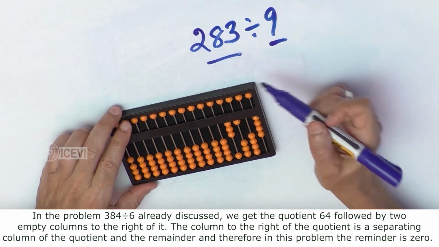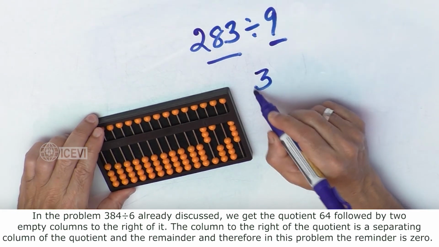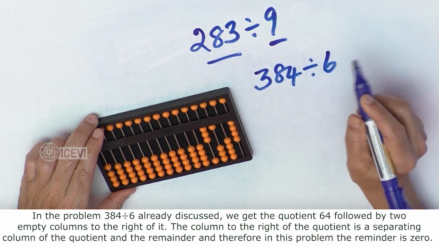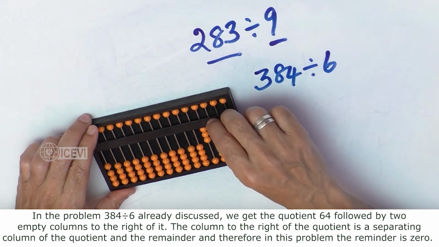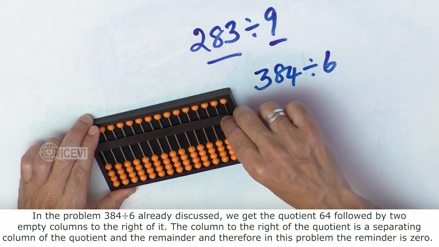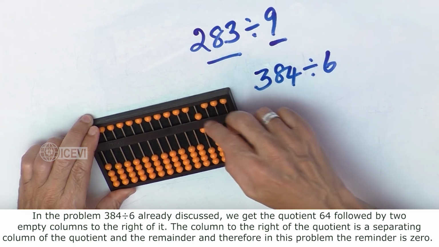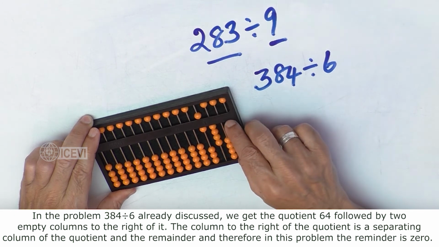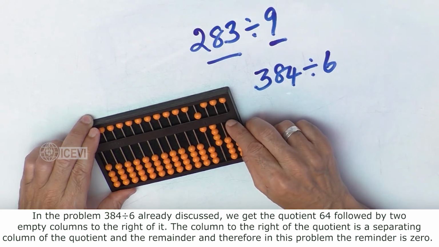In the problem 384 divided by 6, which we already discussed, we got the quotient as 64 followed by 2 empty columns to the right of it.